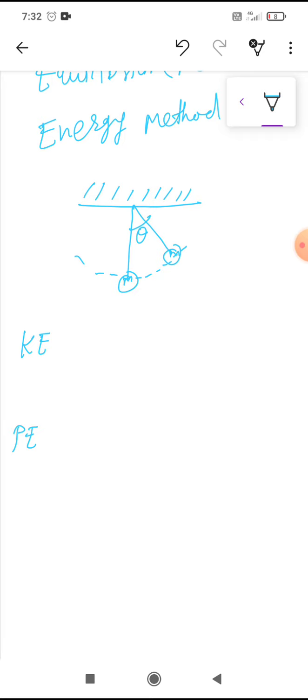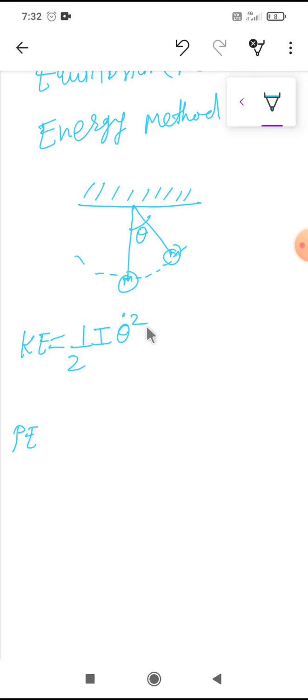In a linear system we use 1 half mv square. For a rotary system the kinetic energy is 1 half, instead of mass there will be moment of inertia I, and instead of velocity we use theta dot square. This is called angular velocity, that is theta dot.